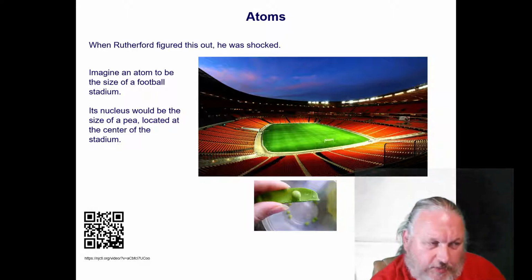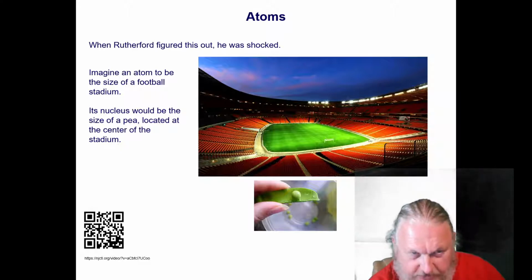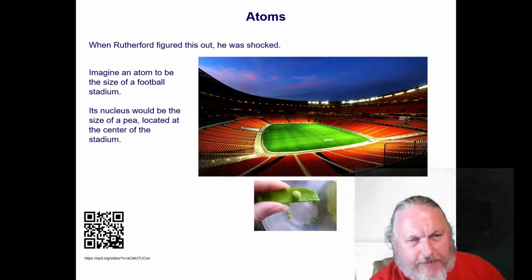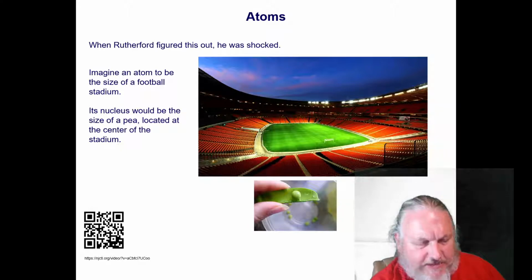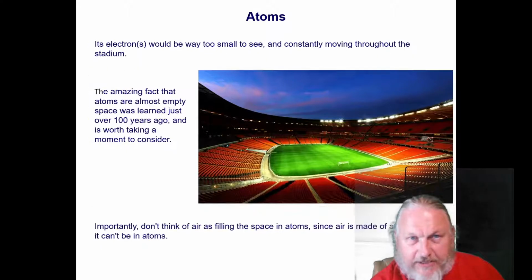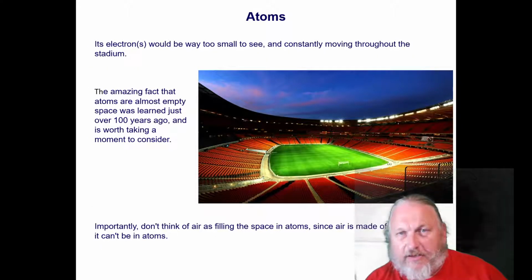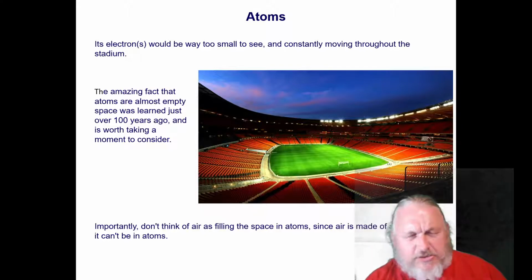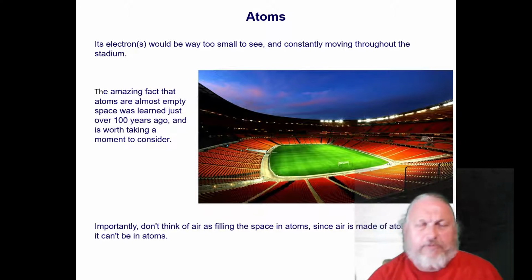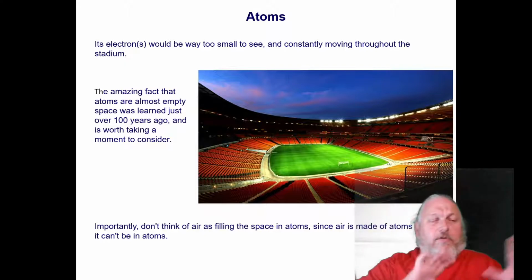If you were to say the nucleus, right? This is a nucleus, and you were to make it the size of a pea, you would put that in the center of the stadium, in the center of the Liberty Bowl Stadium. So the electrons would be too small to see, you couldn't see them, and would be constantly moving all around the stadium.